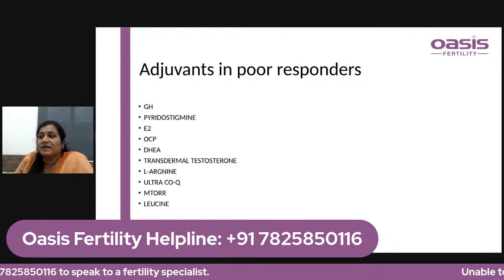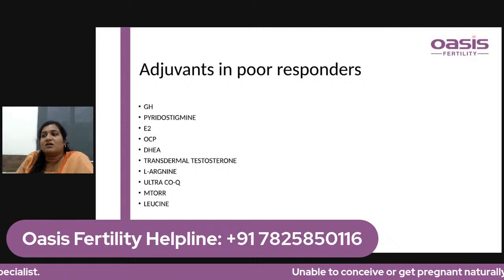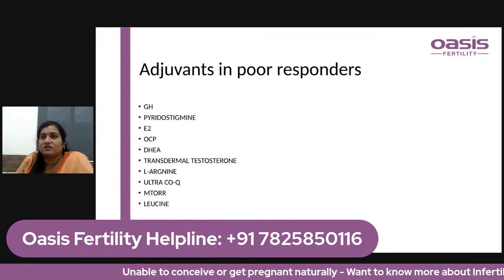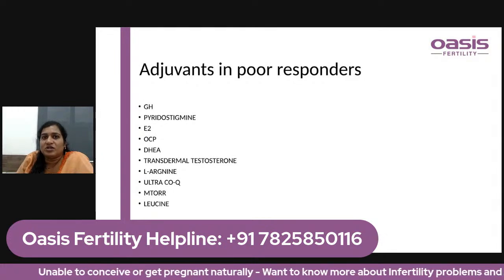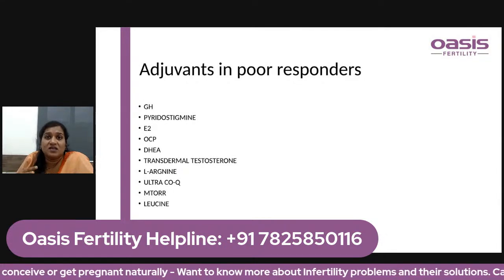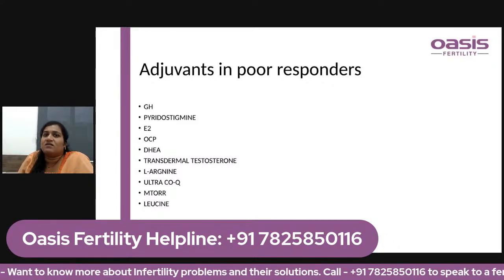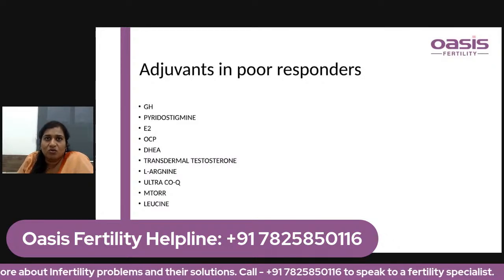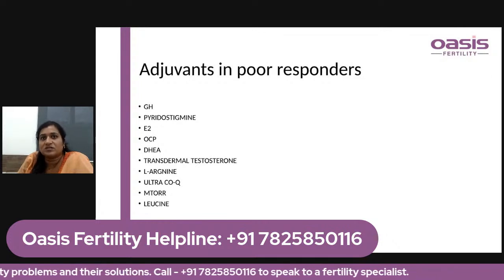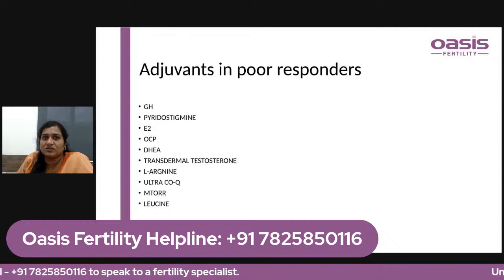So, what are the medicines which we can give? This is very important because most of the women with poor ovarian reserve do stimulation and are very eager to start stimulation. But let me tell you, pre-treatment or giving adjuvant treatment is also quite an important aspect, which some patients do miss because they are eager to start treatment.